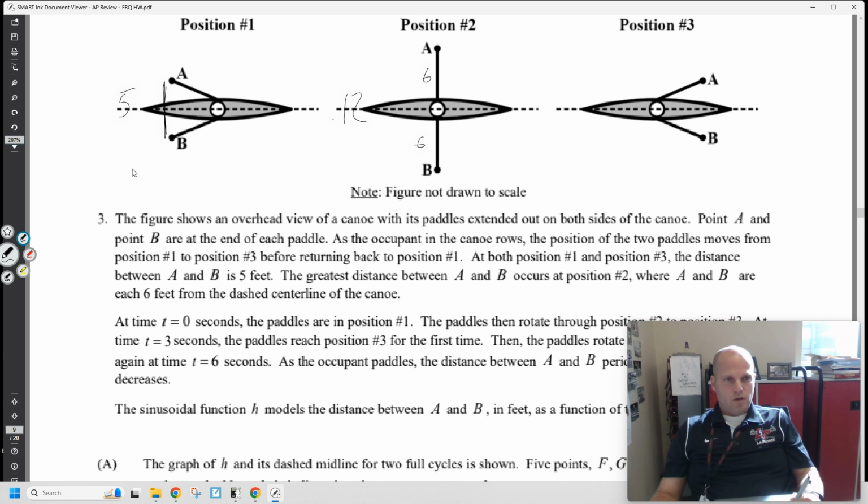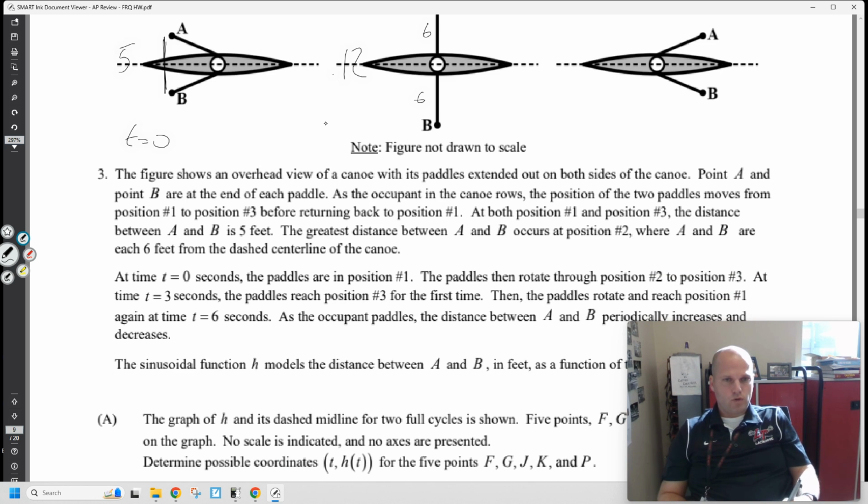Okay, t equals 0. T equals 3 is the paddle reaching position 3 from the first time, back to 5 feet away from each other. Okay.